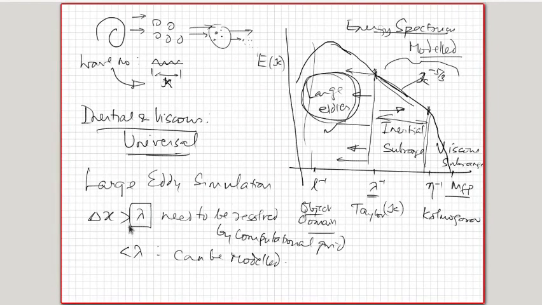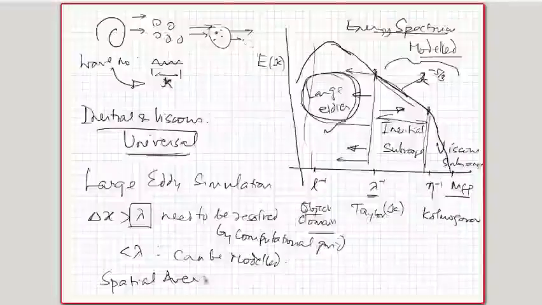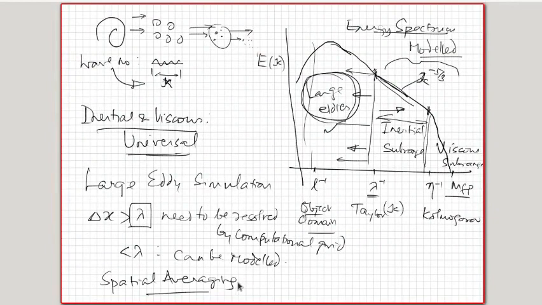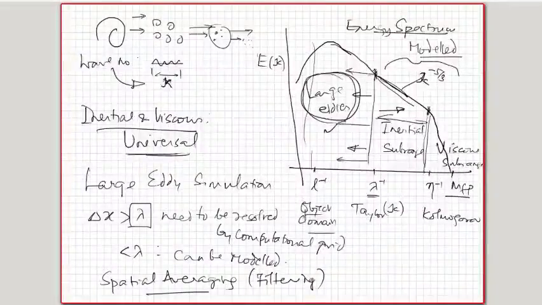So if you have a grid size that is comparable to lambda, and then you use spatial averaging, so instead of the Reynolds averaging which we did as time averaging, you do a spatial averaging or spatial filtering of the Navier-Stokes equations, so that you get what is called the filtered Navier-Stokes equations or the large eddy Navier-Stokes equations, which are spatially averaged Navier-Stokes equations, which don't contain the smaller sized frequencies or the higher frequencies, but have the lower frequencies corresponding to lambda or larger length scales.